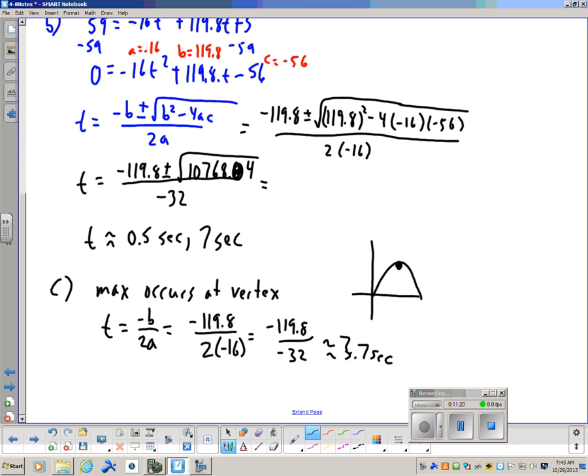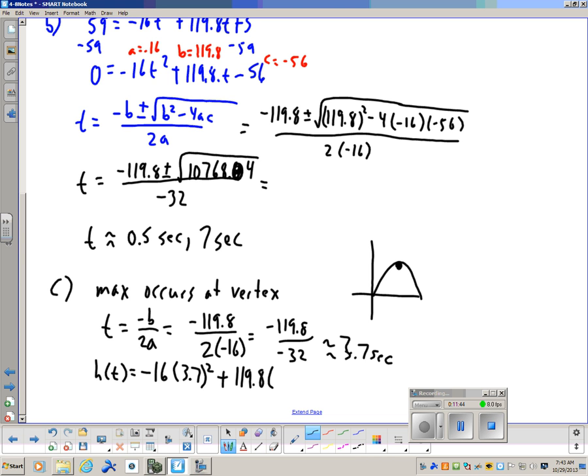We want the height, so we got to plug it back in there. So we got h of t is equal to, using part A's formula, negative 16 times 3.7 squared plus 119.8 times 3.7. That's your t value, so you plug in 3.7 for your t there.